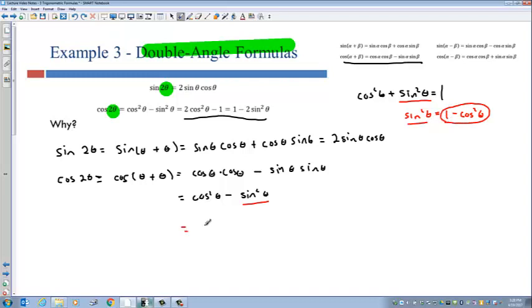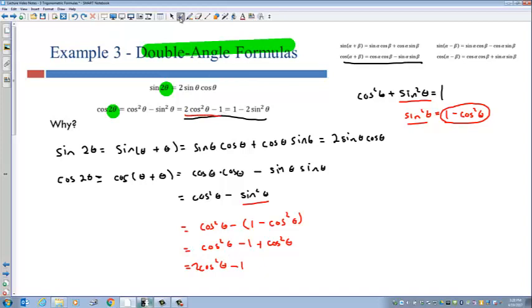So this will be equal to cosine squared theta minus, in parentheses, 1 minus cosine squared theta, which is equal to cosine squared theta minus 1 plus cosine squared theta, which equals 2 cosine squared theta minus 1. So that's where this piece comes from.